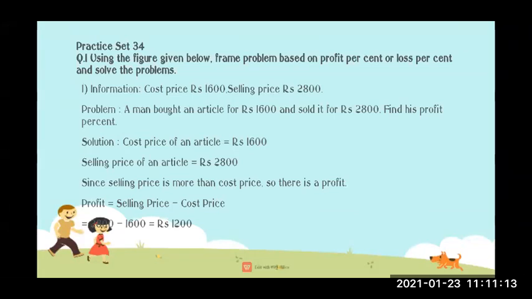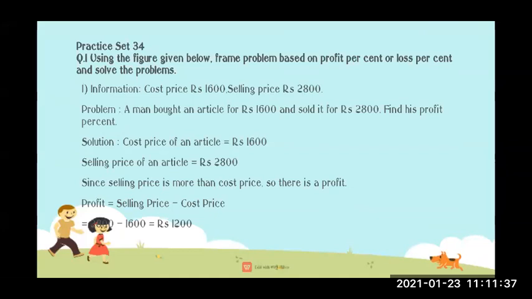So see here what information is given. Cost price rupees 1600, selling price rupees 2800. See, only this information has been given. Here you have to frame your own question.